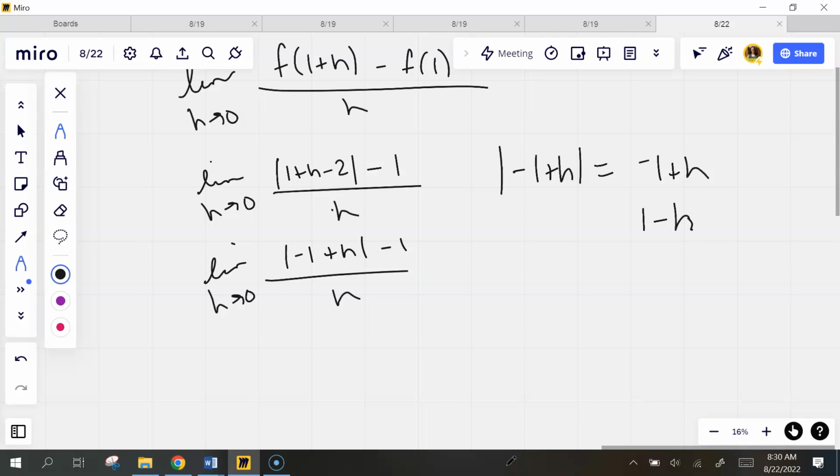So even if I did negative 1 times negative 1 plus h, that's the same thing as negative 1 plus h. Would you agree? Yes or no? Does that make sense? So I could do this either way. If I just drop the absolute value signs, I'm not going to get anything I can use. I'm still going to be in undefined territory, right?